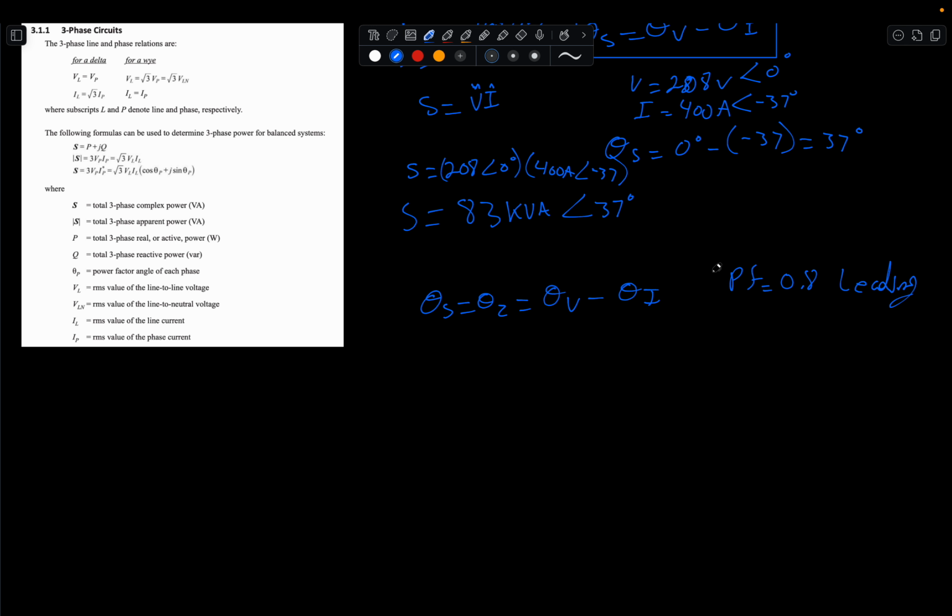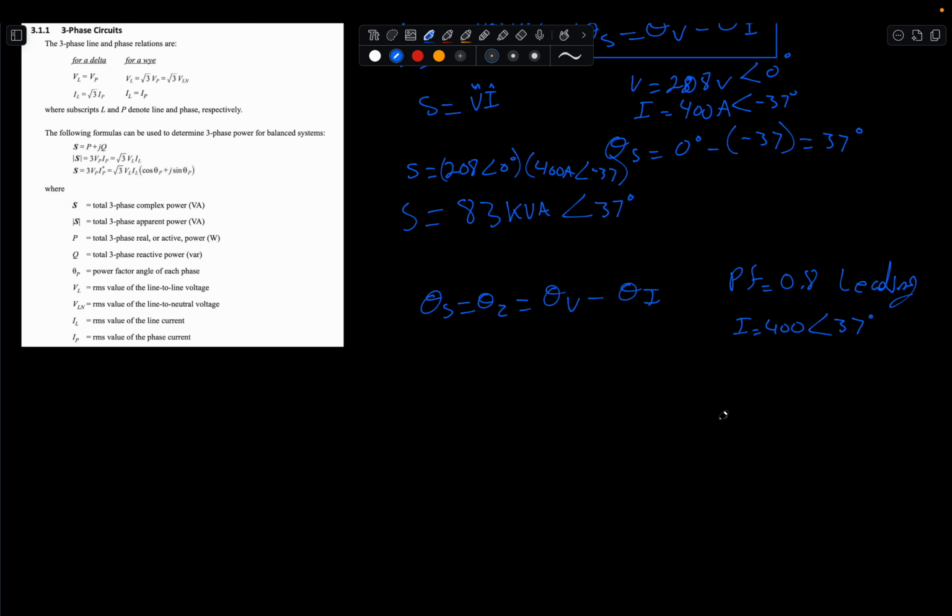That means if we take a look at the current, which was given at 400, now we know that because it's leading, it's going to be at an angle of positive 37 degrees.